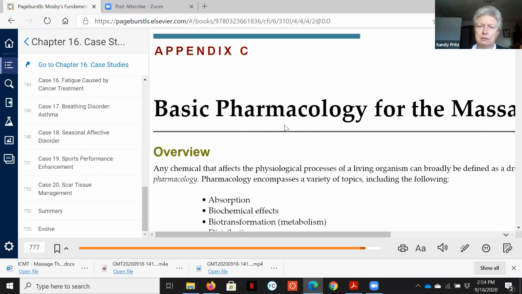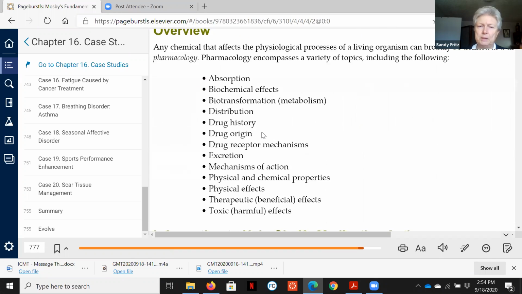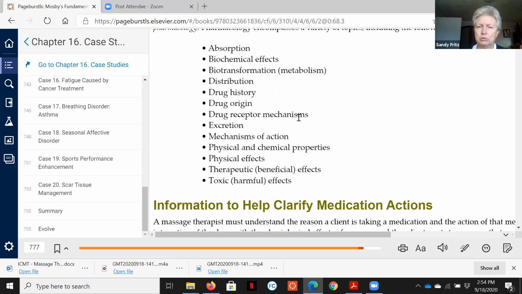Same with the basic pharmacology, because we need to be able to make decisions about how massage is going to interface with the medication. We have to have just a little bit of information about how medications work in the first place.